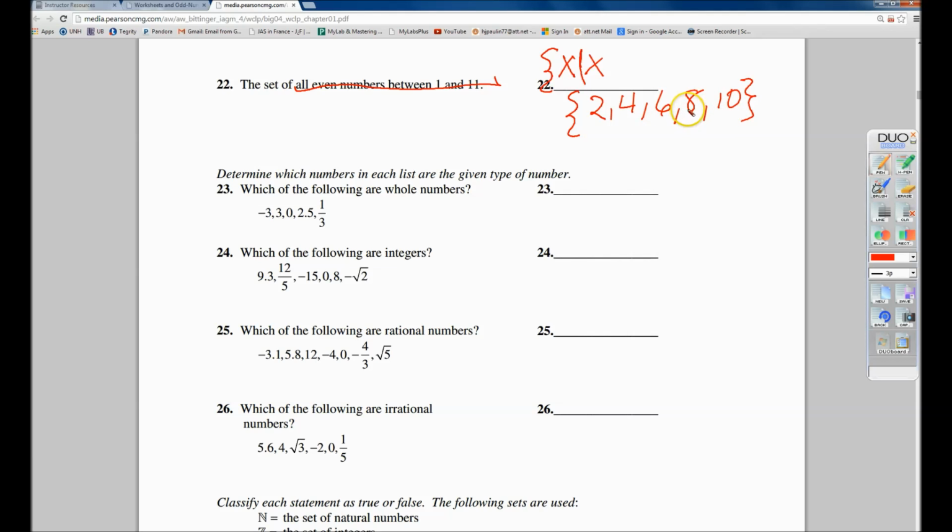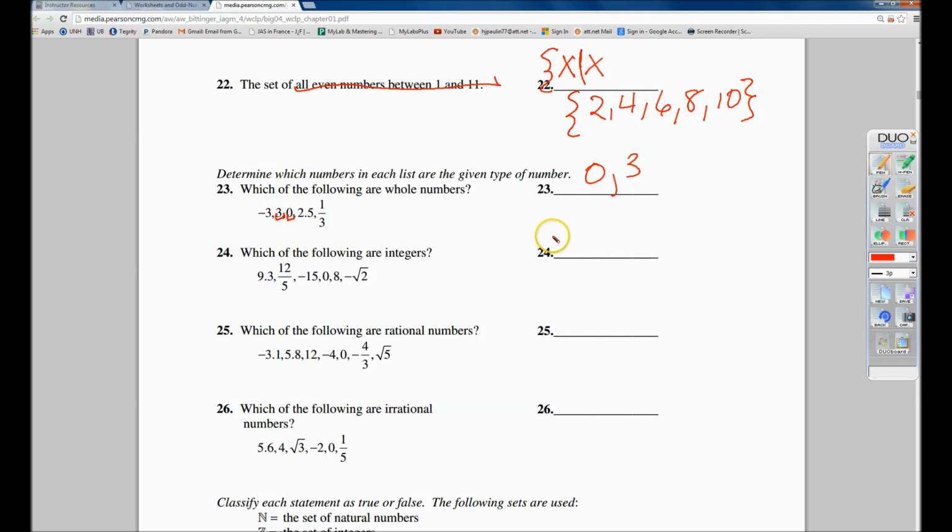Okay. Now here we're looking for which are whole numbers here. Well, whole numbers, by definition, would be a number 0, 1, 2, 3. So this would be a whole number, and it's those two. So 0 and 3. Which of the following are integers?